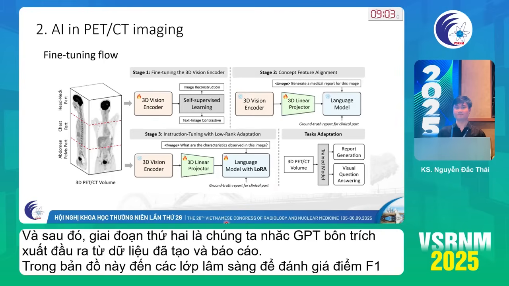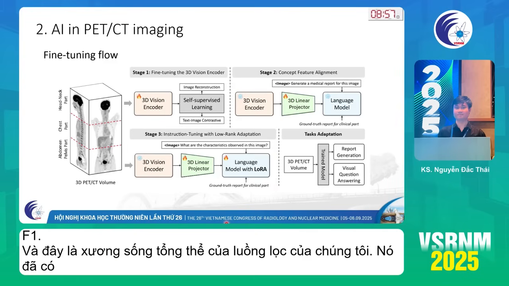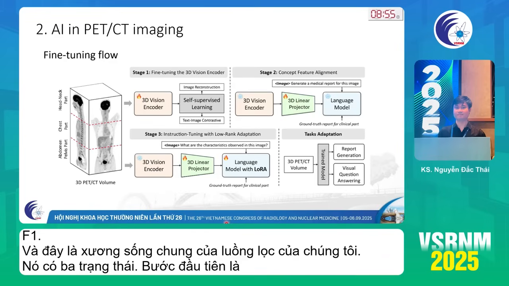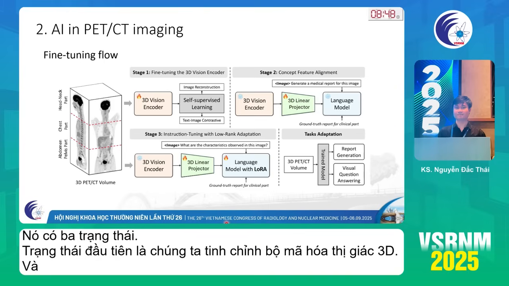And here's our overall backbone of the fine-tuning flow. It has three stages. The first stage is that we fine-tune the 3D vision encoder, and the second stage is concept feature alignment.